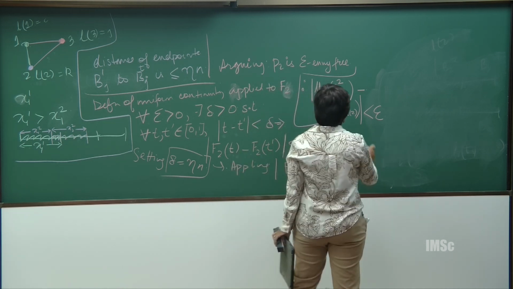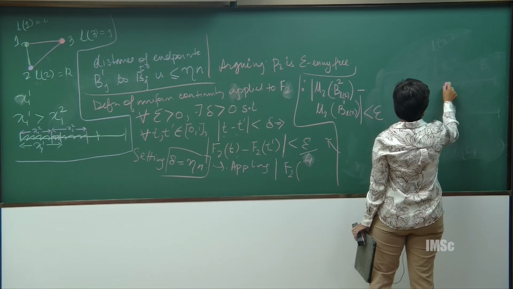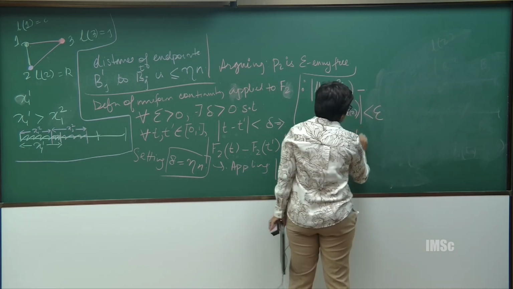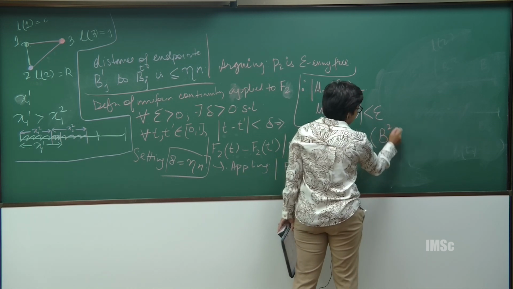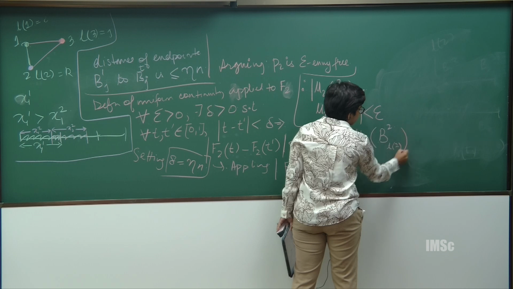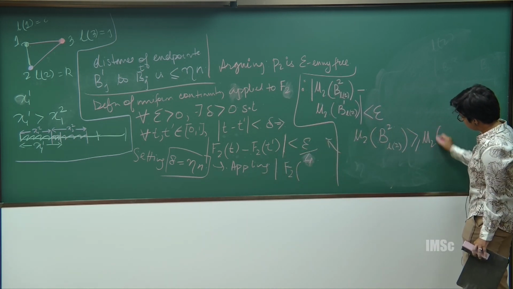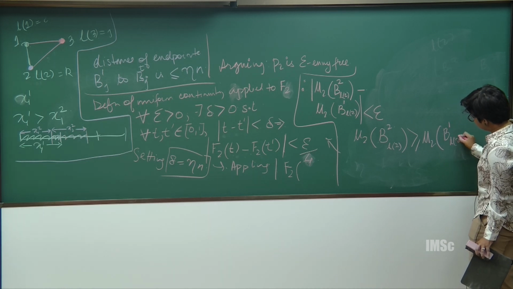Now, if I see these points in space, notice I know B2 L2 is at least as much as mu 2 B1 L2.